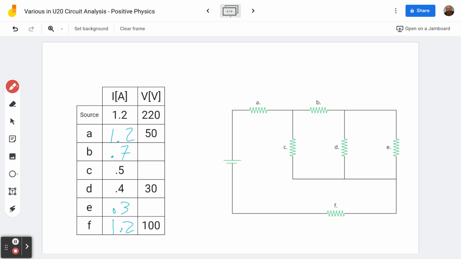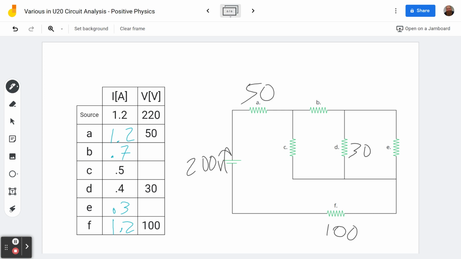Okay, let's write in all the ones we know. This is just another way of thinking of it. So we gain 220 here in our pump, in our electric battery. And so if we lose 50 here and 100 here and 30 here, we look for paths where there's only one thing we don't know.